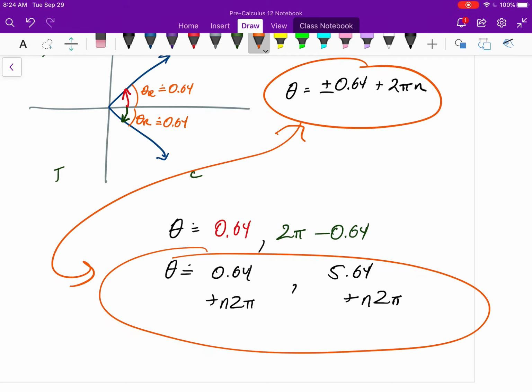I kind of like the first one better. But notice, this plus or minus 0.64 covers this and this angle. And then from that, once I have that, I can add 2 pi as much as I want. Whereas these two here cover the same two angles, or they're coterminal. They're I think a little bit messier.